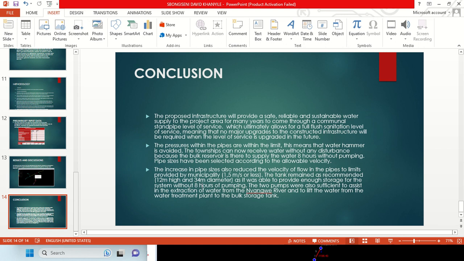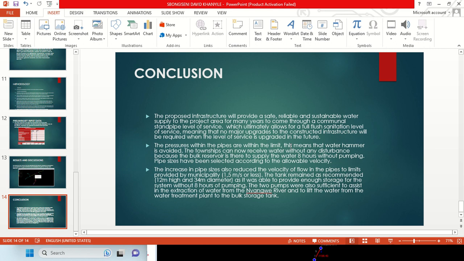The pressure within the pipes is within the limits. This means that water hammer is avoided. The township can now receive the water without any disturbance because the bulk reservoir is there to supply the water for 8 hours without pumping.